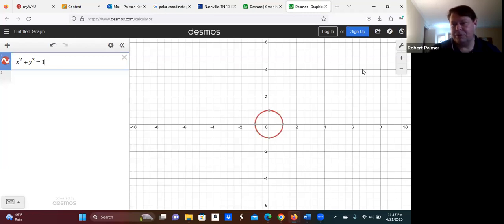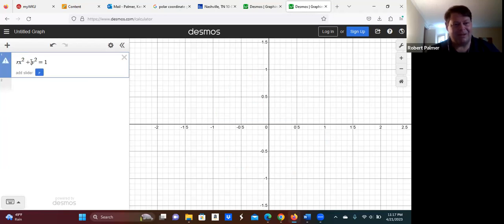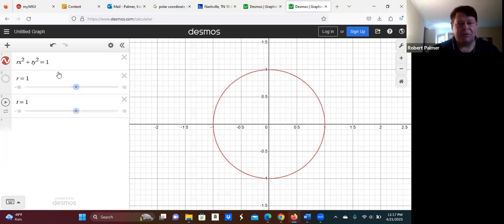Well, let's enlarge this so we can see it a bit better. Okay. Now what I'm going to do is put some constants, coefficients, in front of these. I actually just call these A and B. Those are not the, I want to call it something else. R and T. So don't confuse with the A and B we had before. Let's do sliders for both of these. Okay.